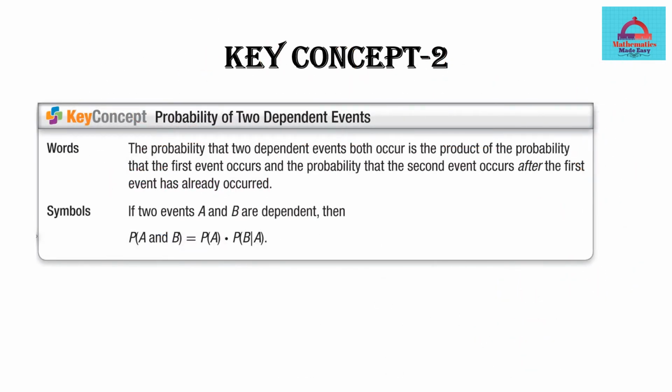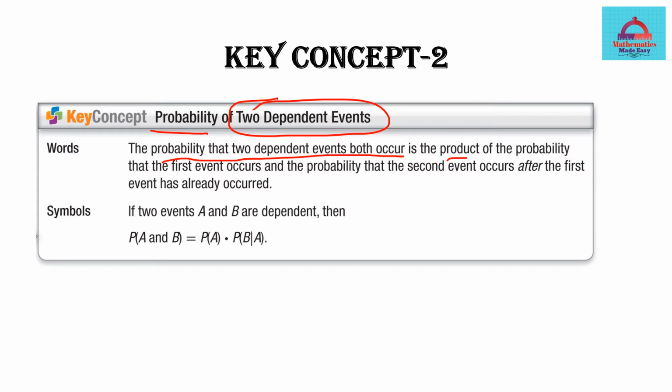Let's now come to the second key concept for today, where we'll be talking about finding the probability of dependent events. I'm sure you will recall from the previous session what dependent events are, and here the probability that two dependent events are going to both occur together is very similar to the concept of independent events.